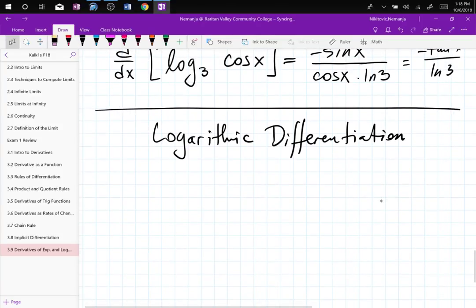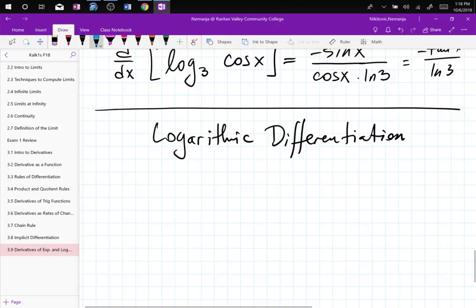For logarithmic differentiation, which we are going to cover next time we meet, please review these formulas and the way to expand logs, which is an exercise done in pre-calculus 1.